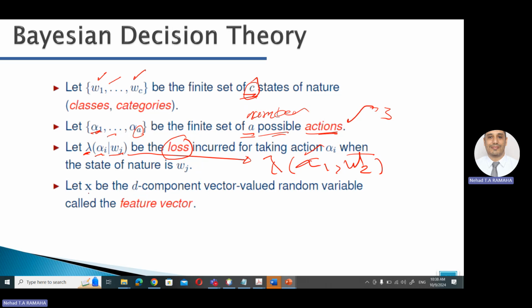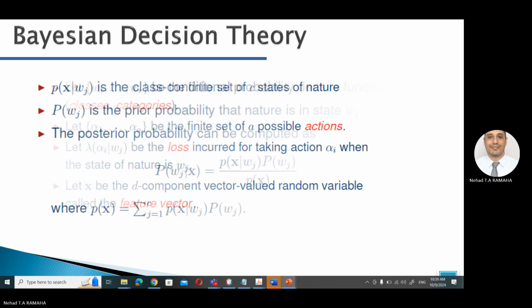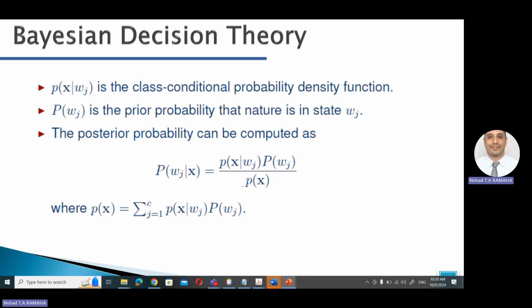Okay, and now we speak about X here as a feature vector. This means we could have X1, X2, X3, and so on. Every one of these X is a feature. I think we already taught this one. But here is the difference. If you look at the previous one, we said X like this.